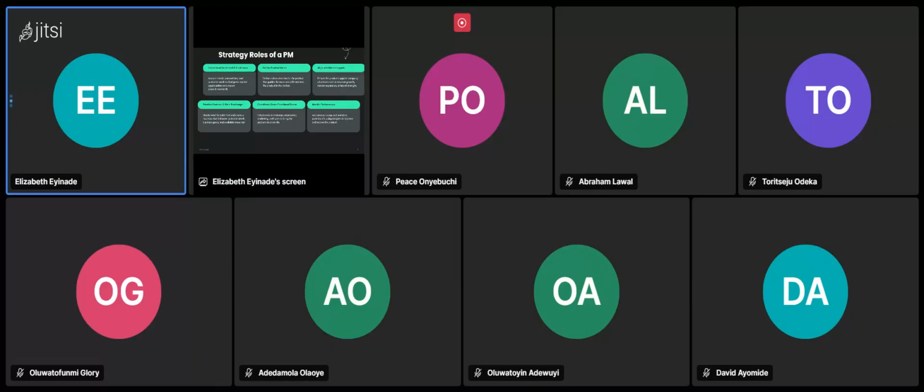So you also have to align this with your business goals. Ensure that the product supports the organization's objectives. Okay, you're working in the fashion industry and you want to do a fashion hub. Ensure that this application aligns with the objective of the company.